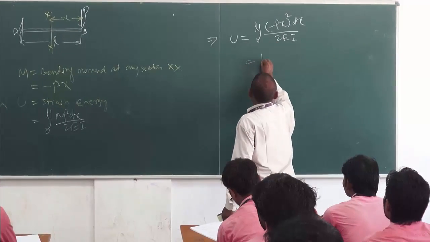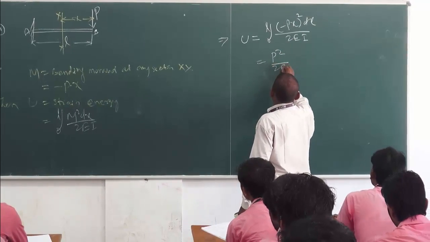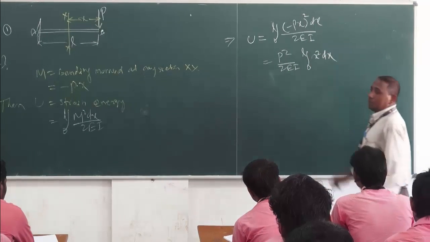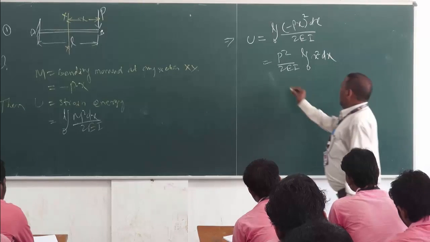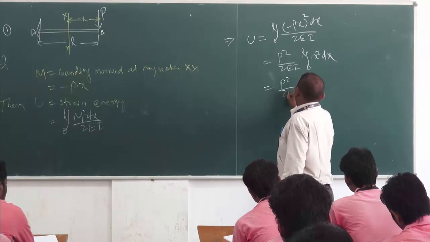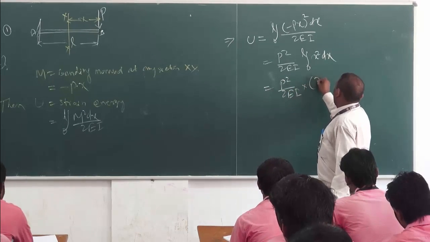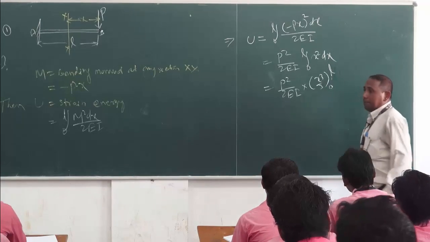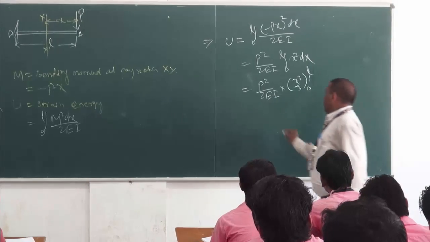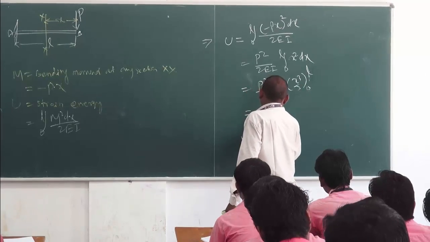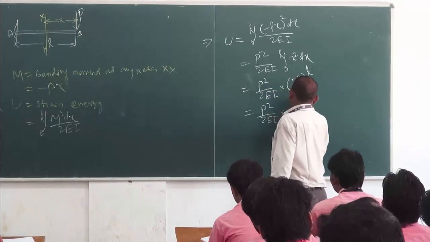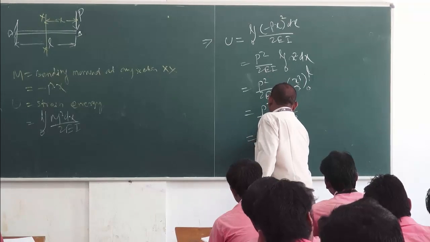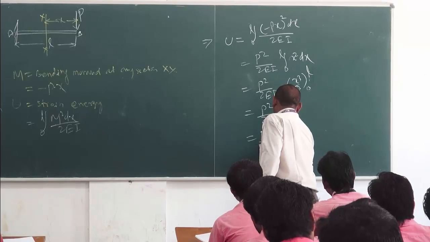And this is equal to P square by 2EI, take it out, it is constant, integral 0 to L of x square dx. This is equal to P square by 2EI into x cube by 3, from 0 to L. So this is equal to P square by 2EI into L cube by 3, from which it is P square L cube by 6EI.